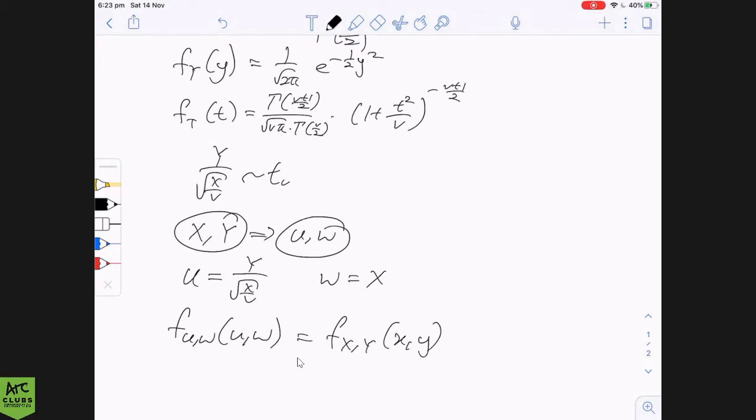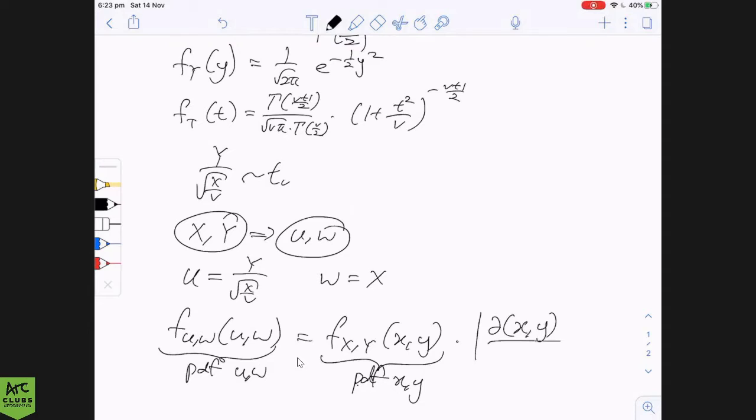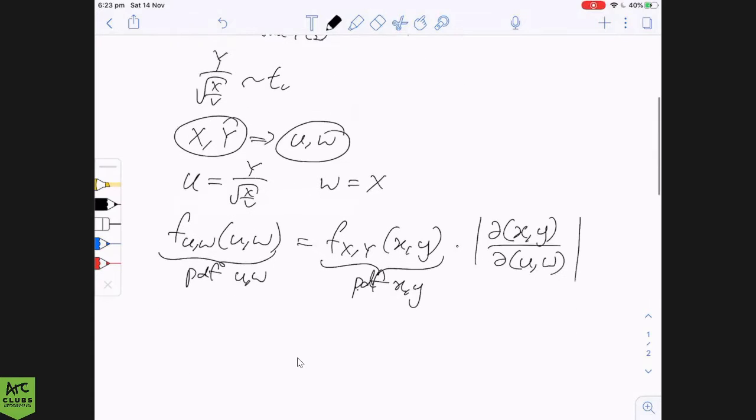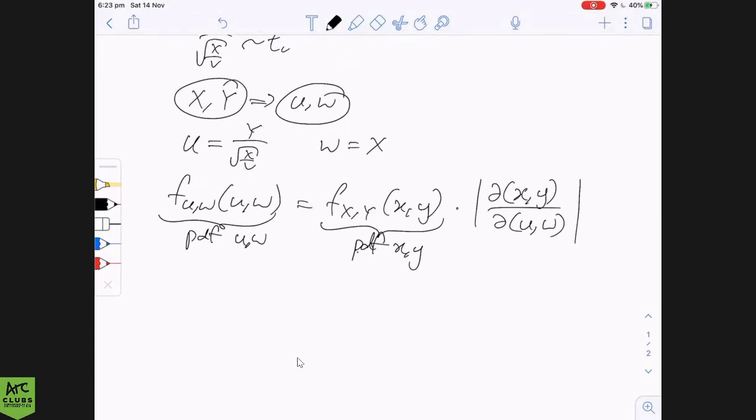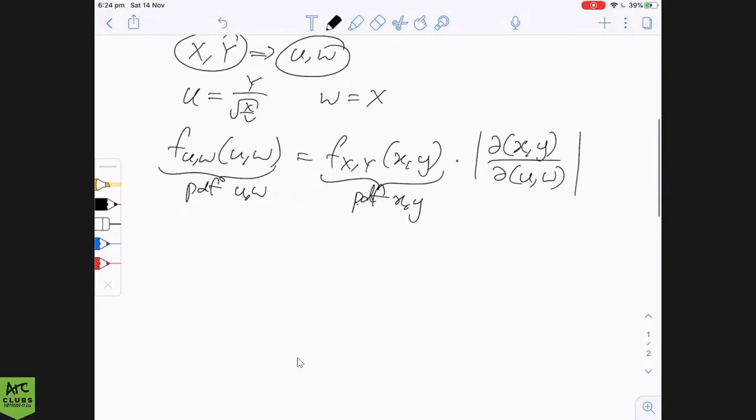The PDF of U and W is the PDF of X and Y times the absolute value of the Jacobian of X and Y with respect to U and W. So with this as the formula, we can get straight into finding the Jacobian.